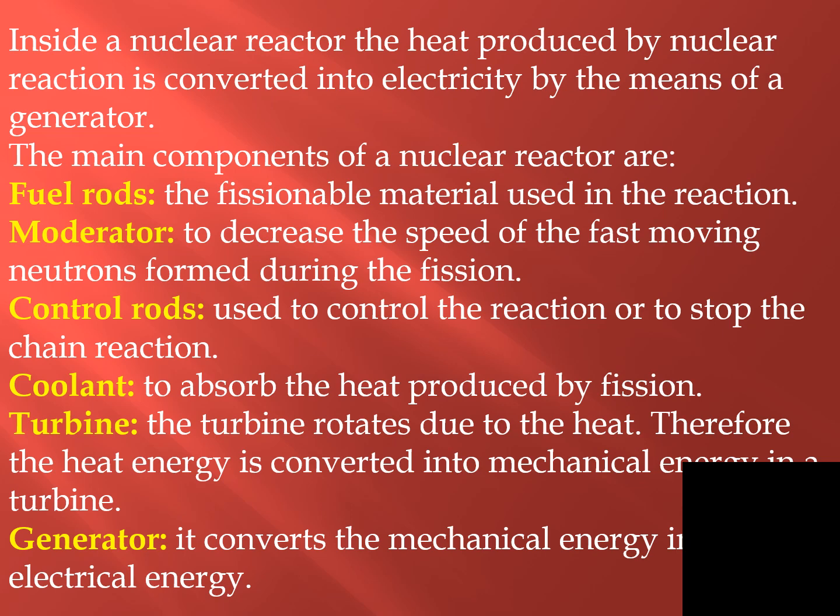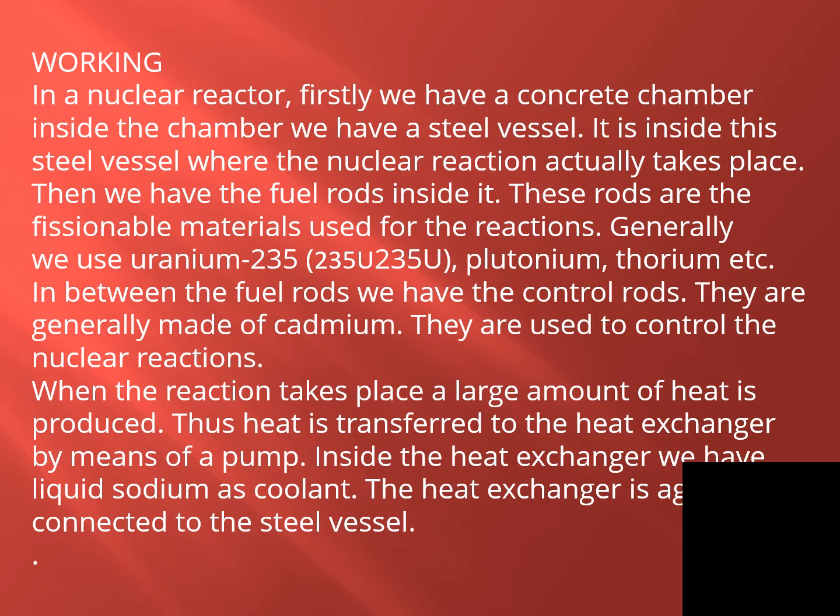Okay. Now, coming to the working principle of the nuclear reactor, we have a core, and the core consists of a number of rods which are made of uranium 235, otherwise plutonium. They are allowed to be bombarded with slow moving neutrons and the fission reaction takes place. The number of neutrons is controlled using the control rods.